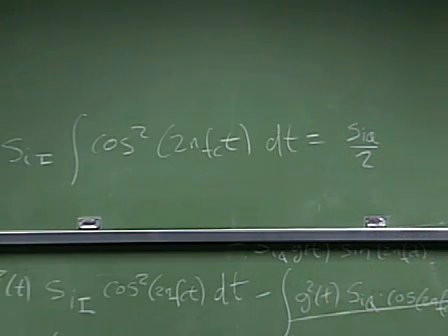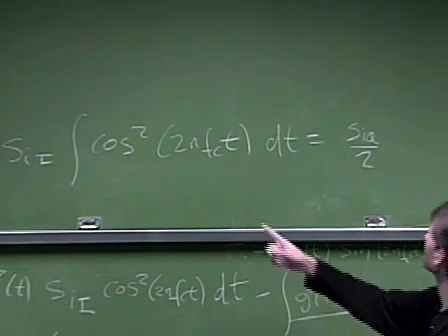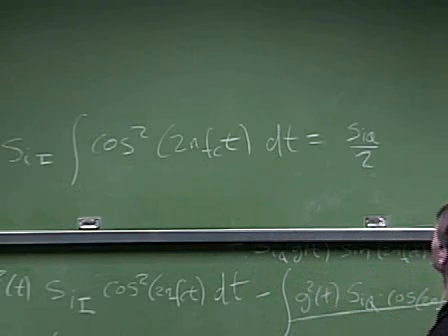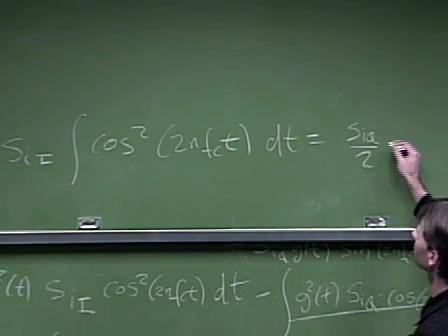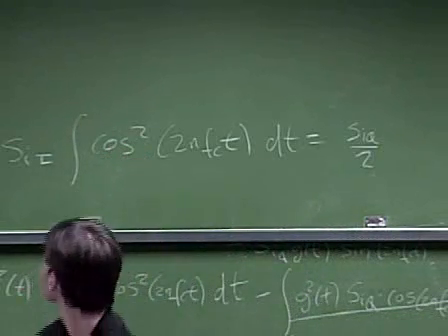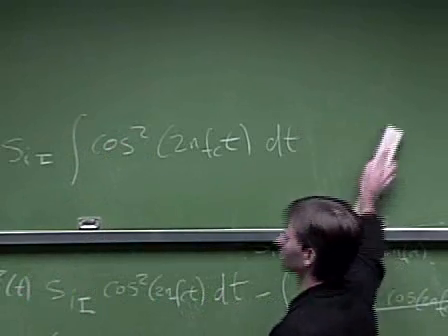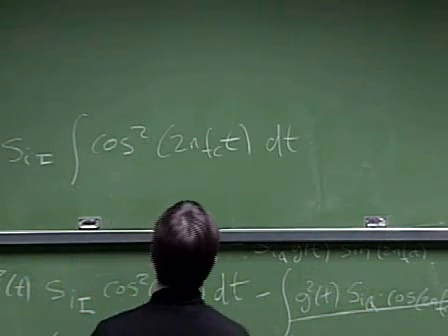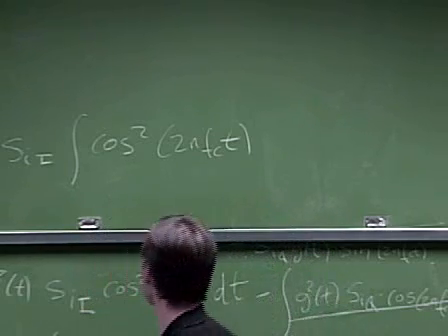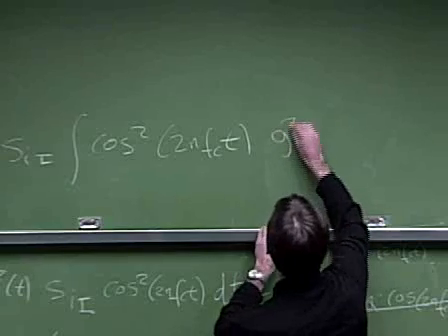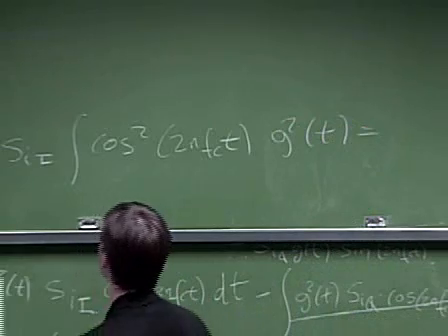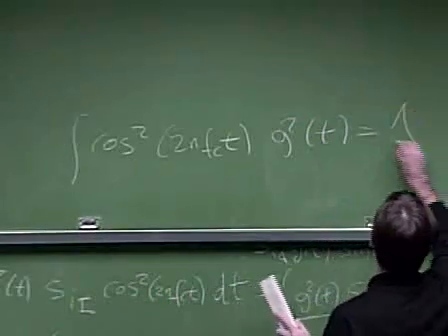So let's say we choose g such that this integration is equal to 2 times the cosine square. Let's choose g such that this times g squared, actually, is equal to 1.